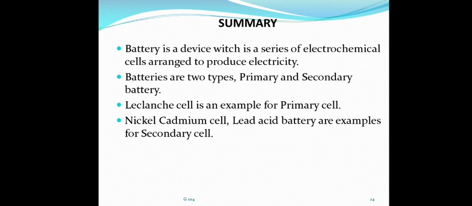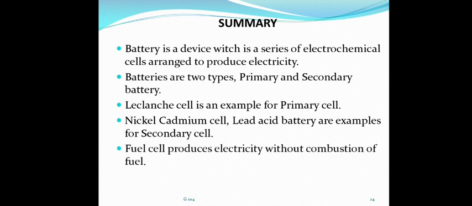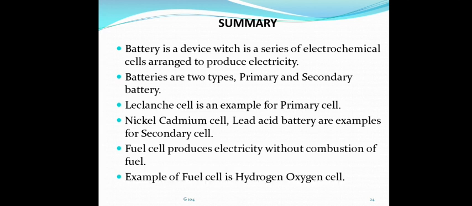Today we have studied the nickel cadmium cell. And the fuel cell produces electricity without combustion of fuel. So the fuel cell is one which produces electricity due to the oxidation reduction that takes place in hydrogen and oxygen. So such an example we have seen, that is the hydrogen oxygen fuel cell.